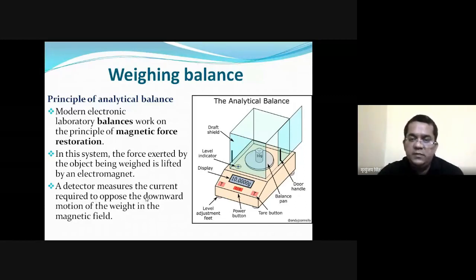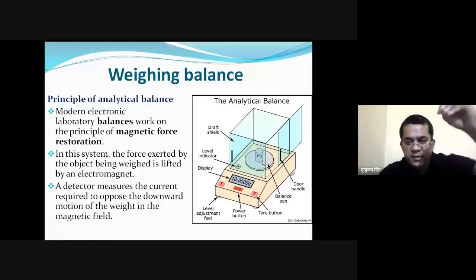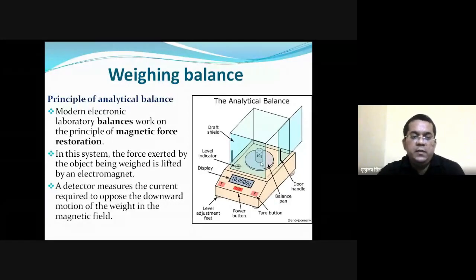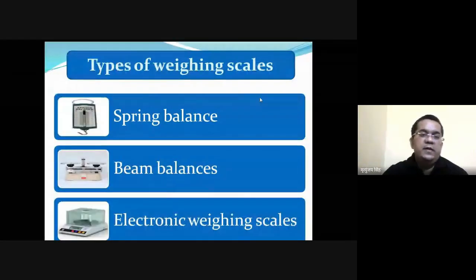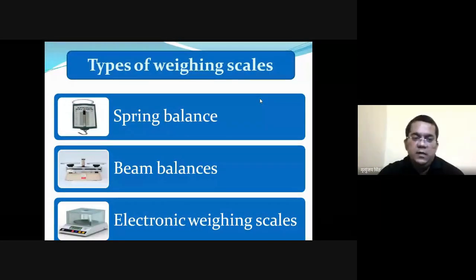When you keep a weight on the pan of your analytical balance, it creates downward pressure, which is countered and detected, and displayed as the respective value. Types of weighing scales are generally three: string balance, beam balance, and electronic weighing scales.